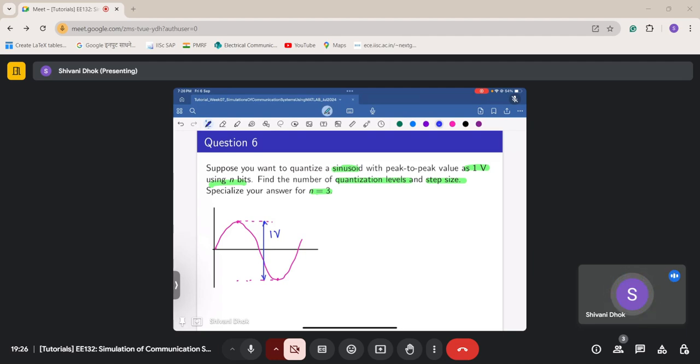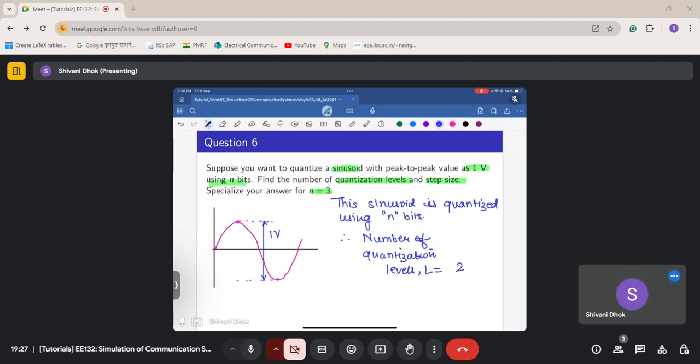And this sinusoid is quantized using n bits. Therefore the number of quantization levels L is given by 2 to the power n, that is 2 to the power of the number of bits.